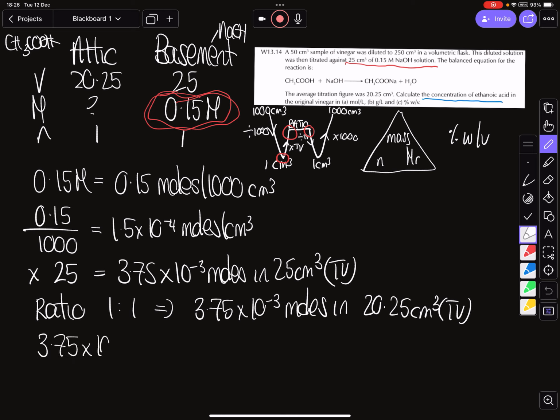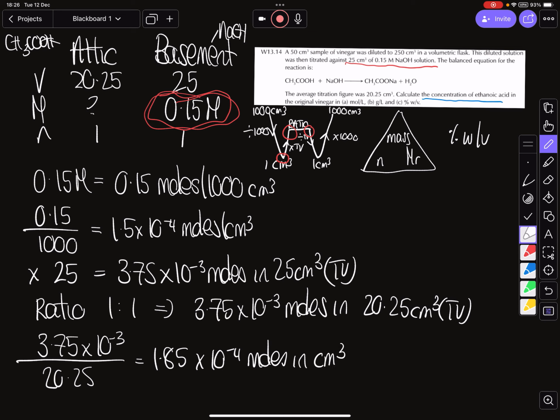We are going to have to find out what's in 1 centimetre cubed. So to do that, we divide 3.75 by 10 to the minus 3 by 20.25. And when we do that, we get 1.85 by 10 to the minus 4 moles, and that is in 1 centimetre cubed. So we've now gone to this point of our W, and then finally to finish off our first principles maths, we multiply by 1,000.